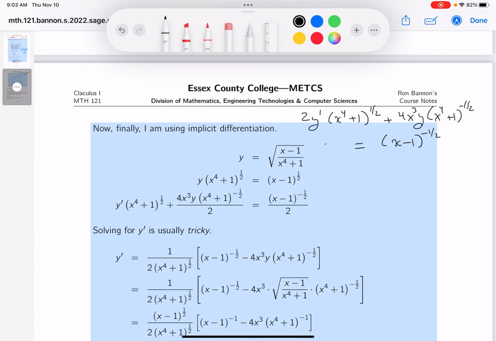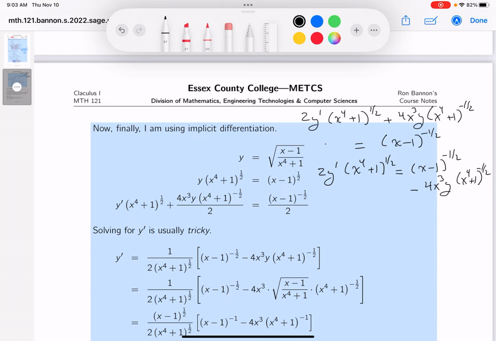And I'm going to make an attempt to solve for y prime now. The way to do that is I'm going to do it in pieces. It's really 2y prime (x^4 plus 1) to the 1/2 would equal (x minus 1) to the minus 1/2 minus 4x cubed y (x^4 plus 1) to the minus 1/2.